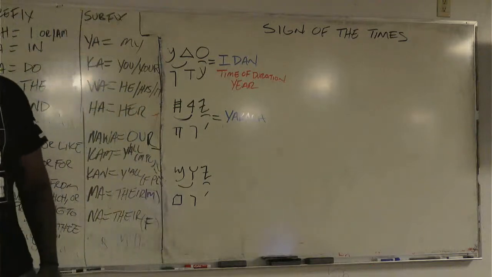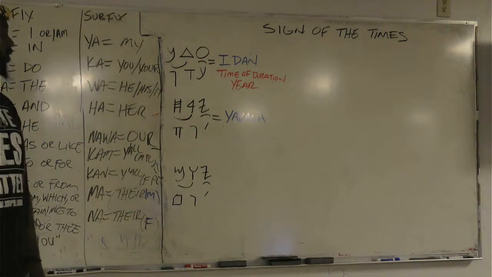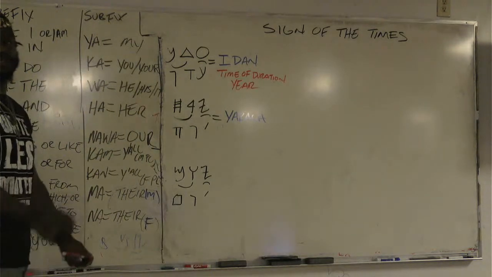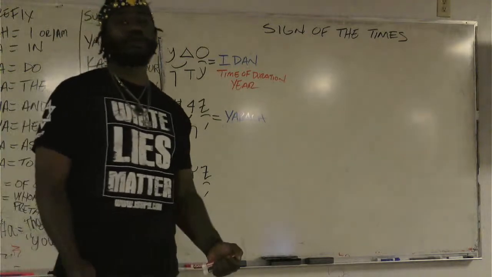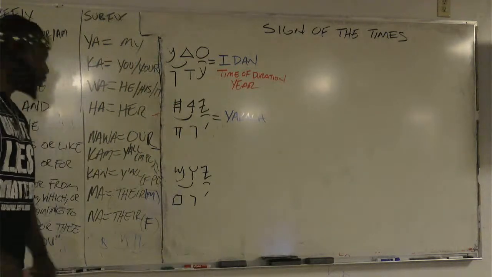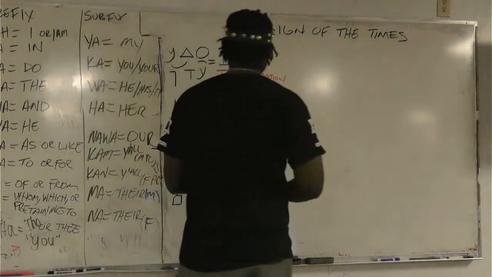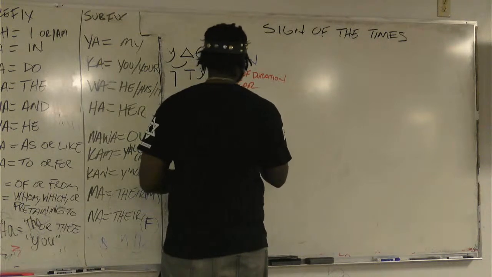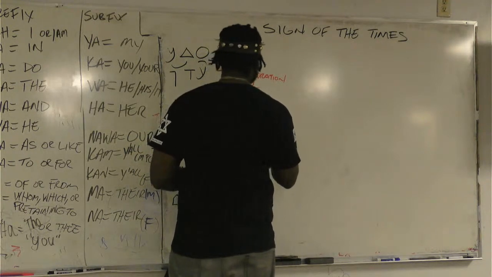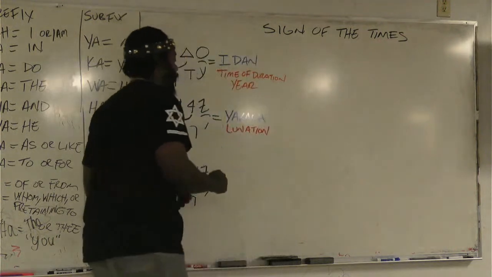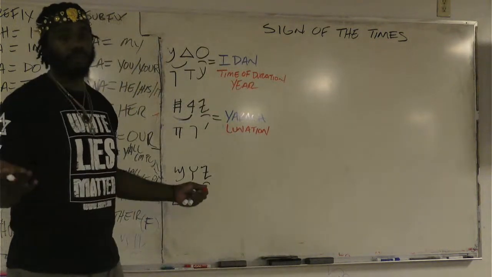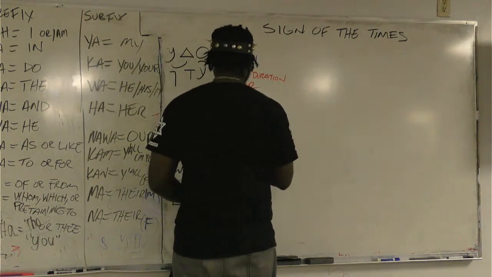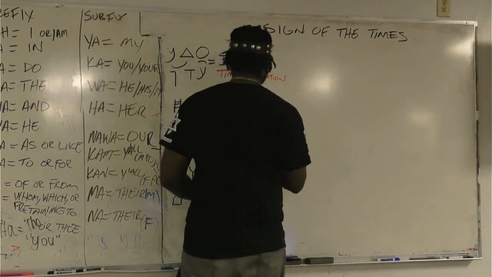I'll give you a hint: it's what we just went over in the past two classes. Month. All right, so Iraq means two things. The first definition is lunation, which is why this is important. Lunation has to do with the moon. Lunation is the moon cycle, which is why this is the word that means month.